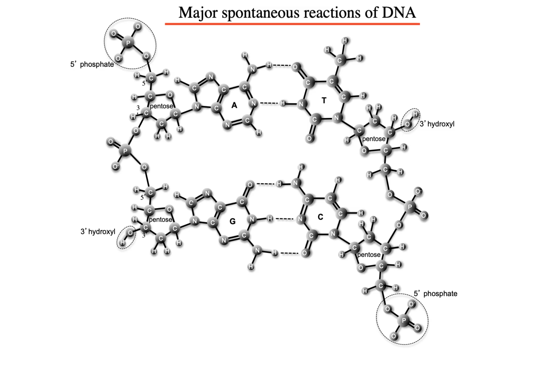So here, this is just 2 base pairs, an AT pair and a GC pair, but I want to illustrate where some of the most common mutations occur in DNA. One of the most common spontaneous mutations in DNA is hydrolytic attack.